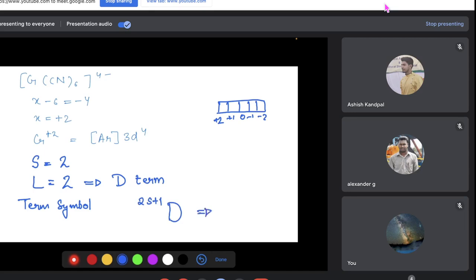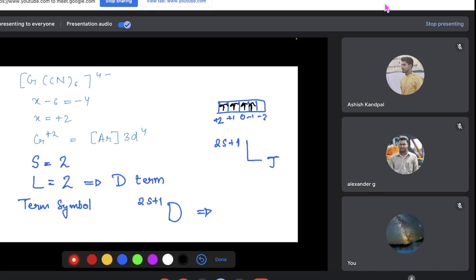So if I include J here, it will come as the suffix on the right hand side of the term. Again, as I have talked about, it is less than half filled, that is the D4 configuration, then the lower value of J will correspond to the ground state term, the lower energy.